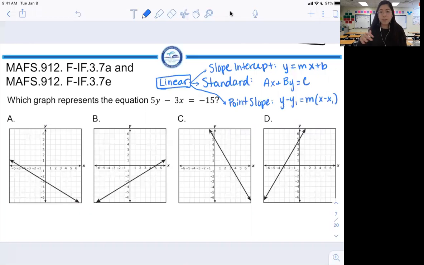Glad that we went over that because we have to make sure we know what it is. In this case, we definitely have standard form. Now, does standard form tell me anything useful? Do I know anything right off the bat? I don't. I know nothing. But what can I do to this equation to help me make it make a little more sense?